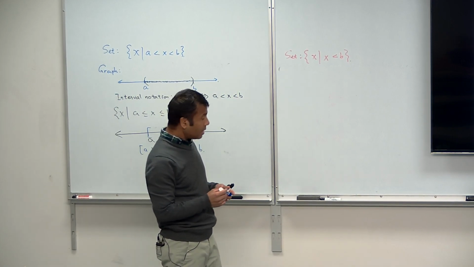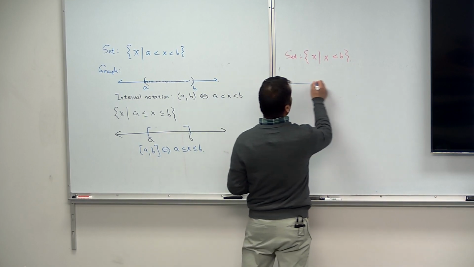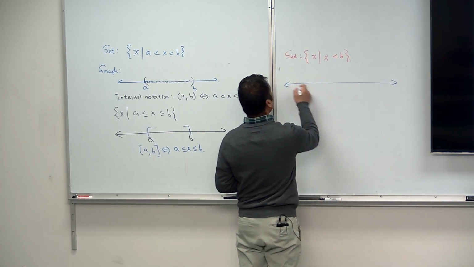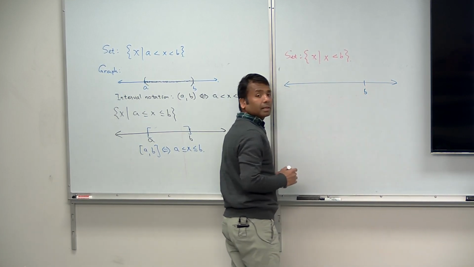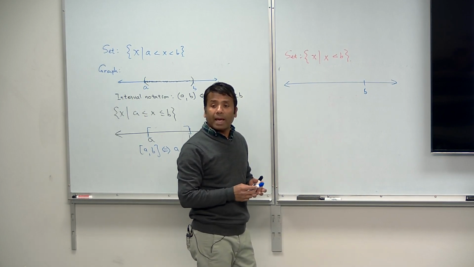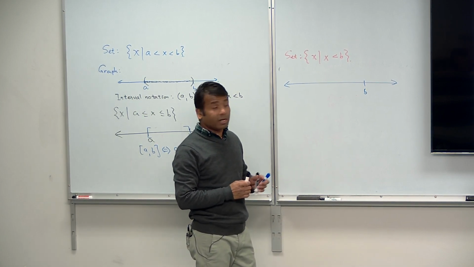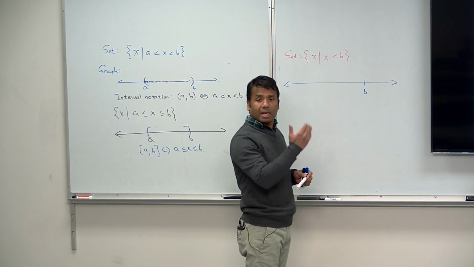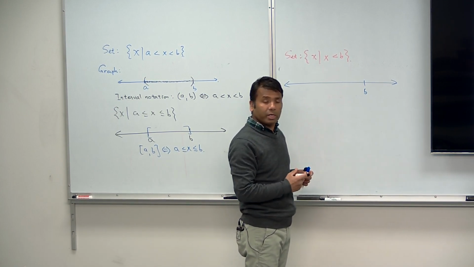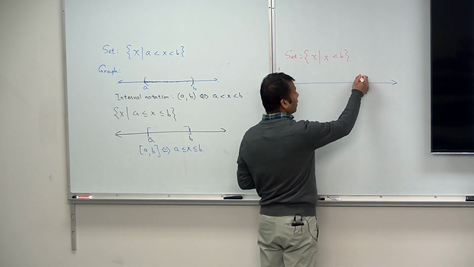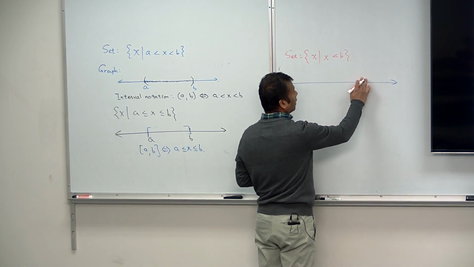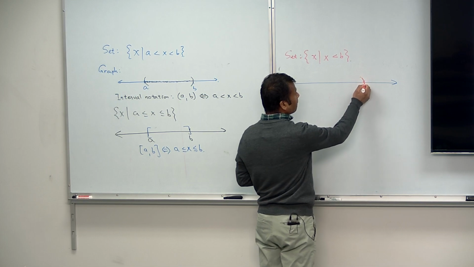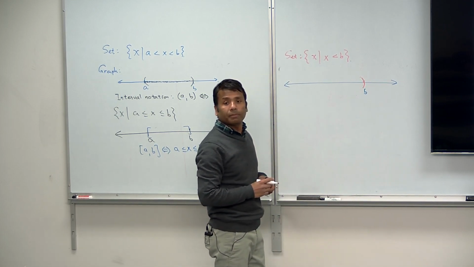If you want to graph it, you have a number line, your b is somewhere here, and the value of x is less than b, and it does not include b. You see that? So less than b. The right endpoint b is not included, so you have to put a parenthesis here. Are you guys with me? Parenthesis, right?